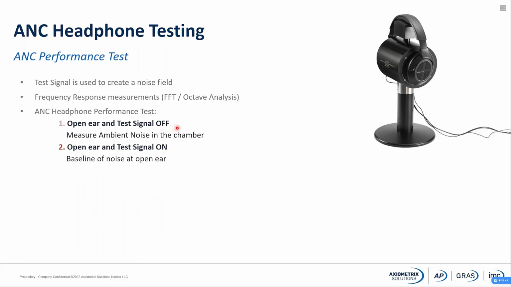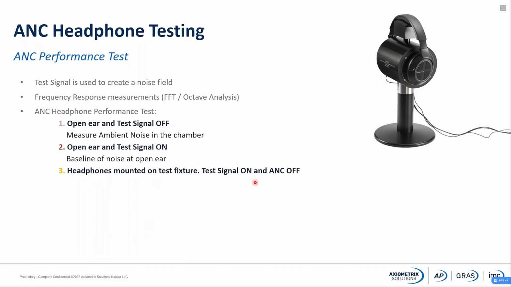With these two measurements, we can already calculate the signal to noise ratio. And as a rule of thumb, the signal to noise ratio should be at least 10 dB, comparing the open ear situation with the situation where the DUT is already mounted with the ANC turned on. This way, we are sure that the measurement results we're getting are as reliable as possible, and that the background noise of the test chamber is not affecting the measurement.